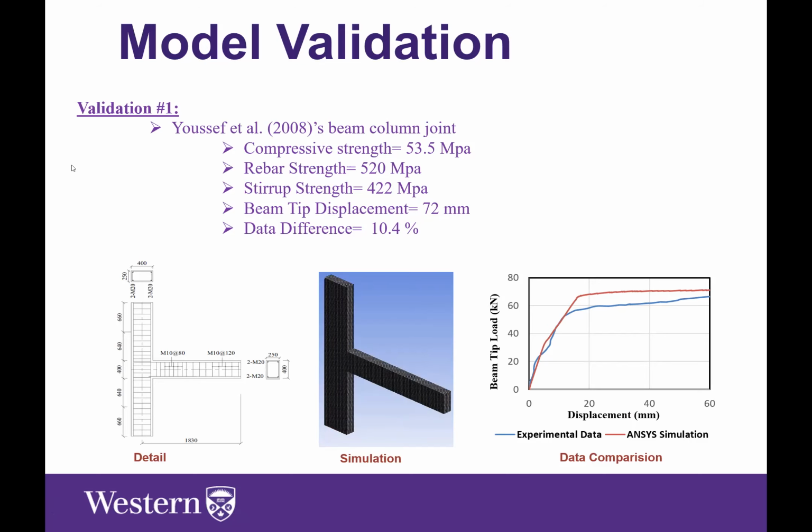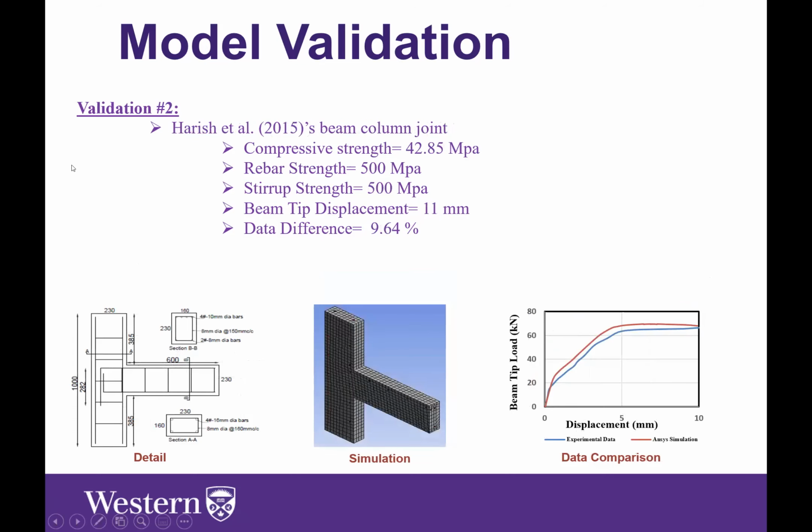We went on to validate it with other data from a researcher called Harish, and we obtained 9.6% in ultimate displacements. So we were able to assume that our model is able to capture the nonlinear behavior accurately, and we went on to develop our own model.